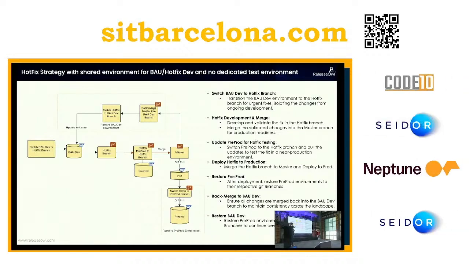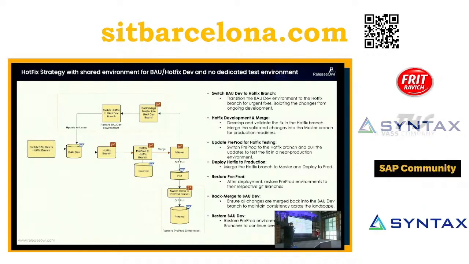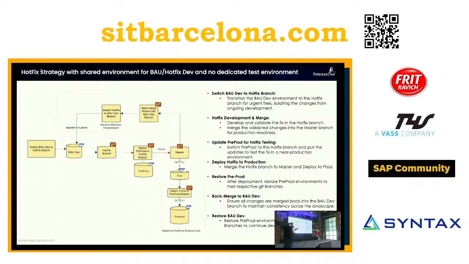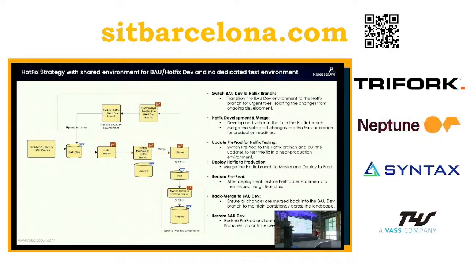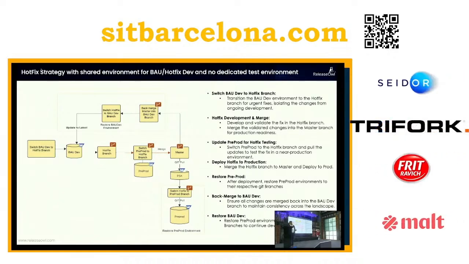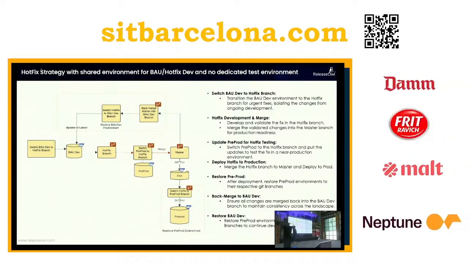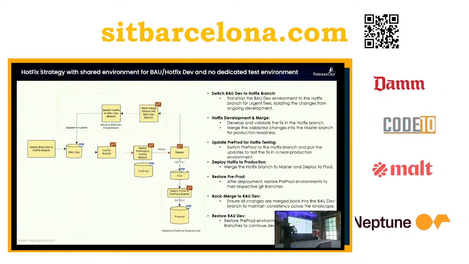Okay, what is the challenge that we have got here? This looks very possible and this actually worked when we implemented it. Then we had another challenge. The switch operation in SAP was taking 4 hours. While we advocated all this, if they wanted to change this development box into hotfix, it was taking 4 hours for the switch.